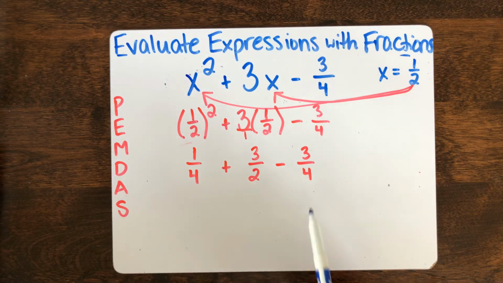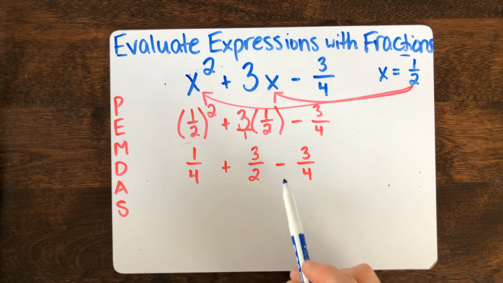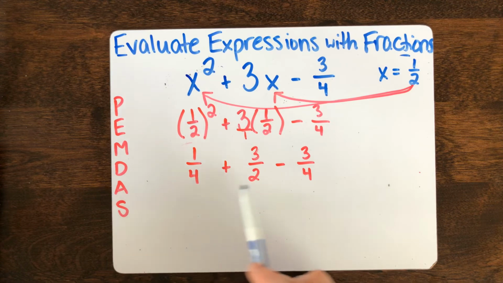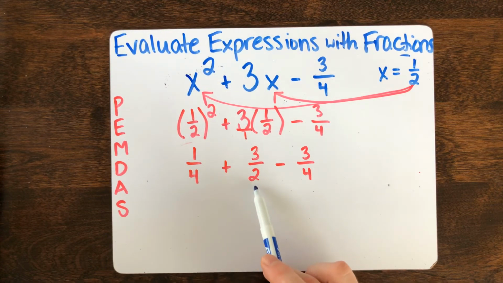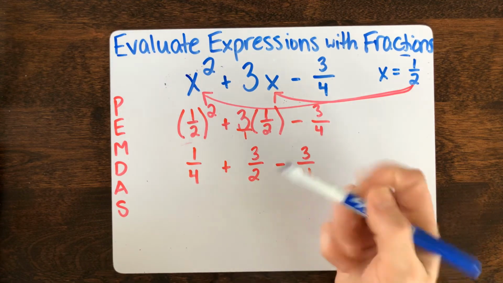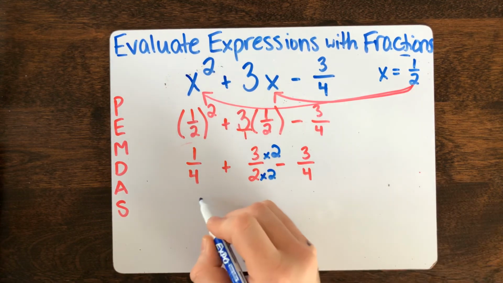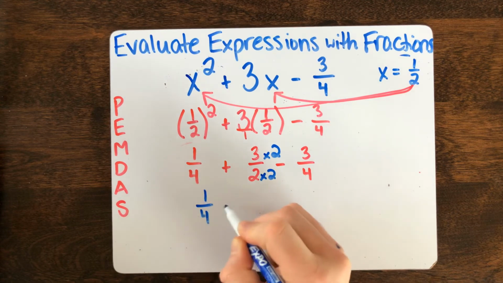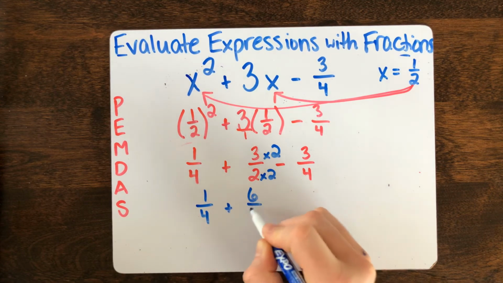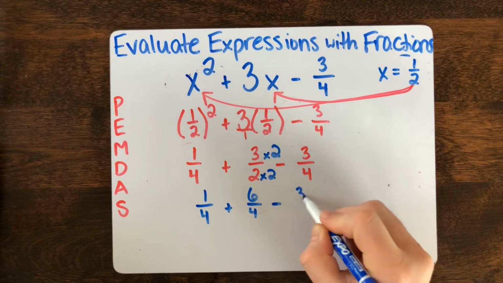For this problem, I'm not even going to simplify that just yet. When we add and subtract, we need to find common denominators. So I see 4. I've got to get that 2 to a 4. It's pretty easy. I multiply top and bottom by 2. So our expression now looks like 1/4 plus 6 over 4 minus 3/4.